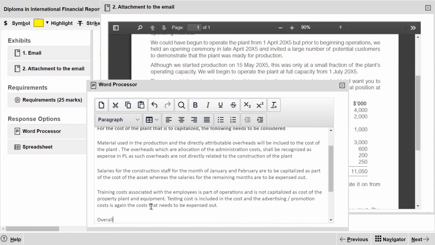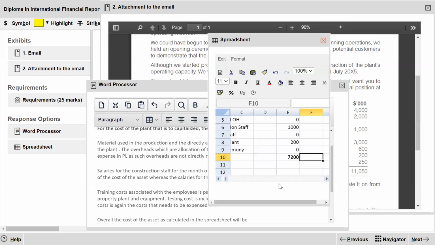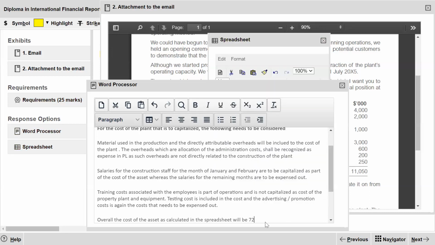So overall, the cost of the asset as calculated in the spreadsheet will be 72,000,000.